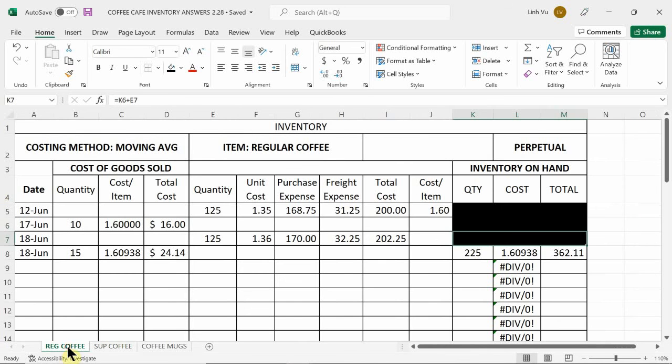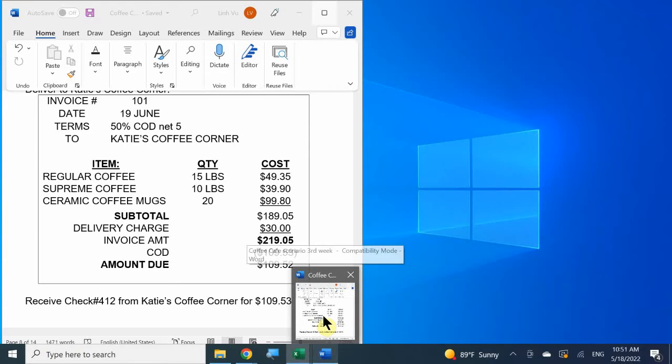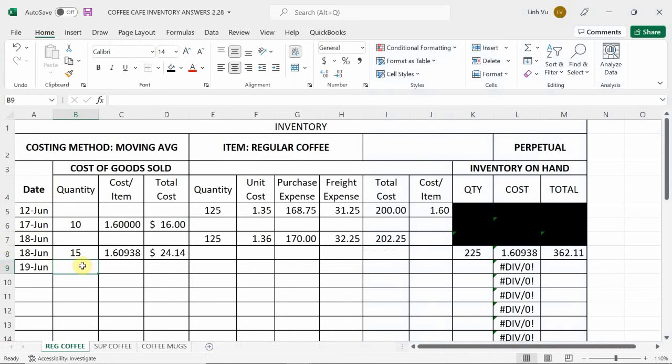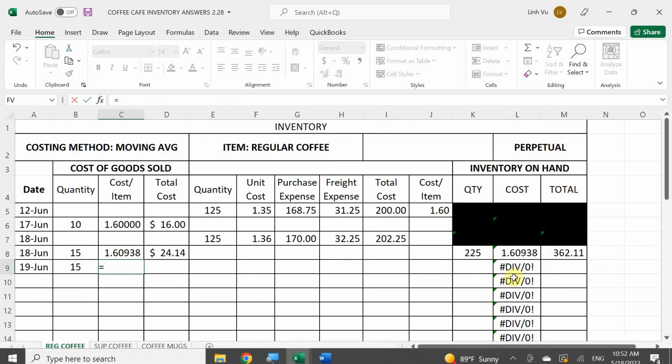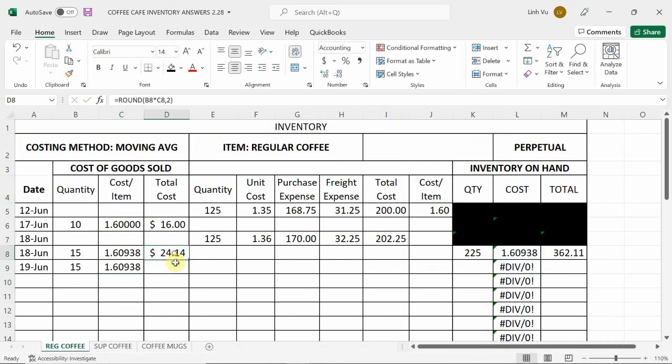Going to my regular coffee, how many pounds did I sell to Katie for regular coffee? 15, right? Okay. At what cost? 1.6938. Okay, which if you do the calculations, what do you get?